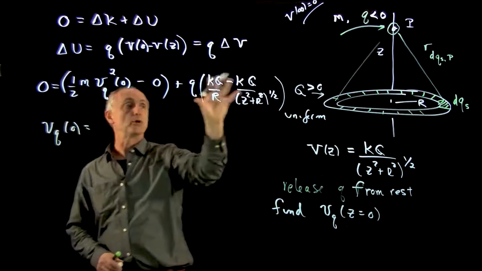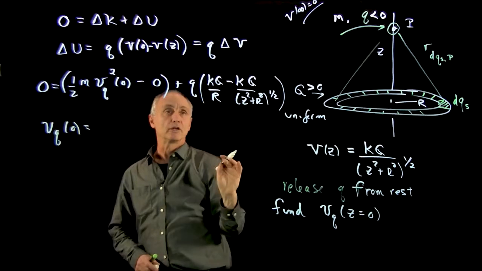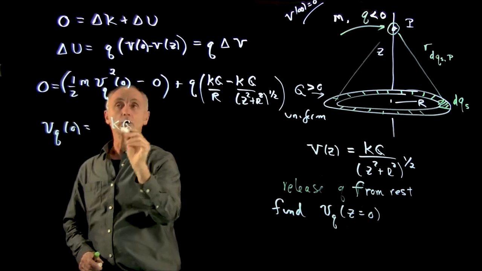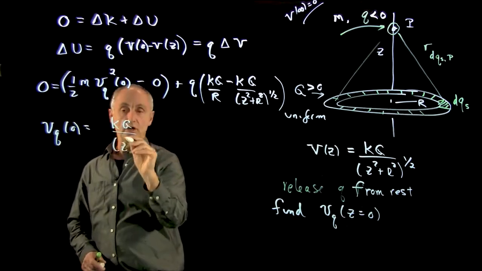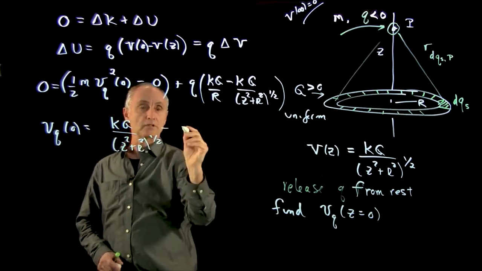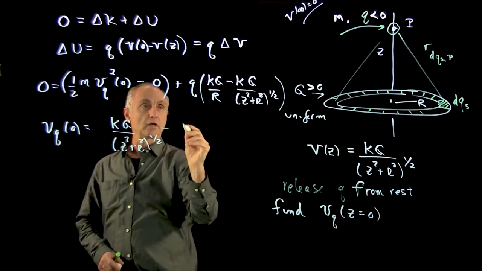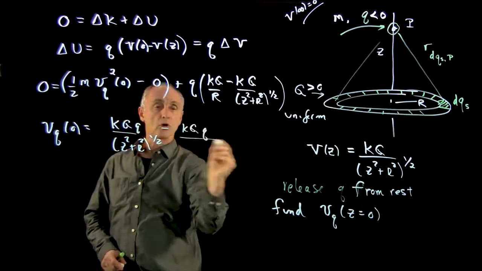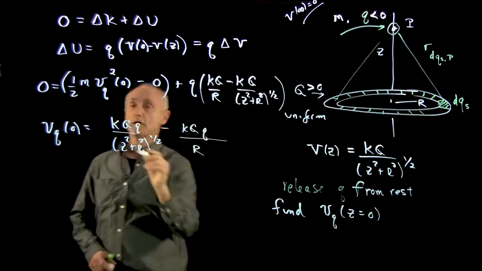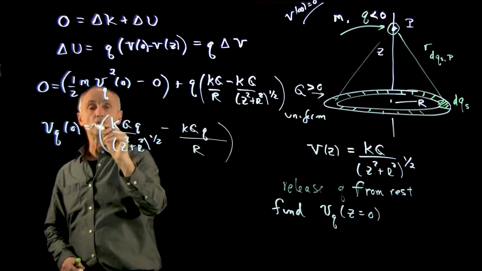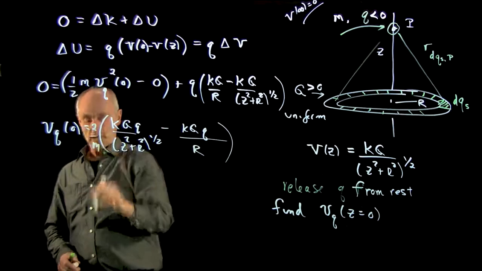So what I'm going to do is bring this term over to the other side, and I get KQq over (Z squared plus R squared) to the 1/2 minus KQq over R. The whole thing is multiplied by 2 over m.